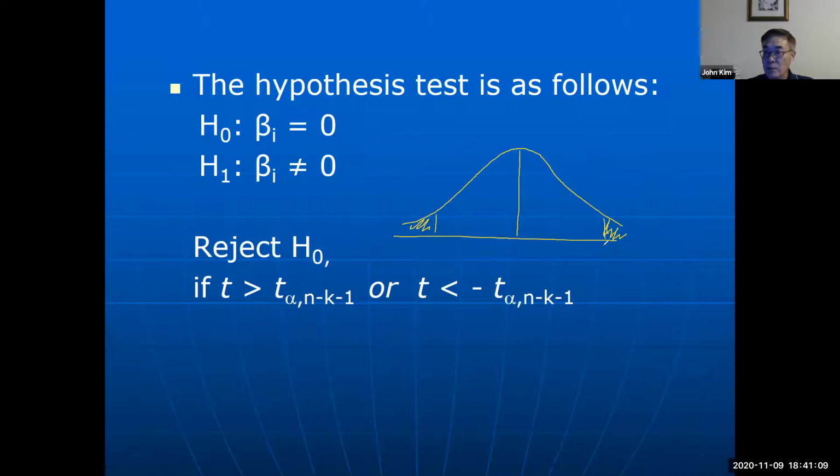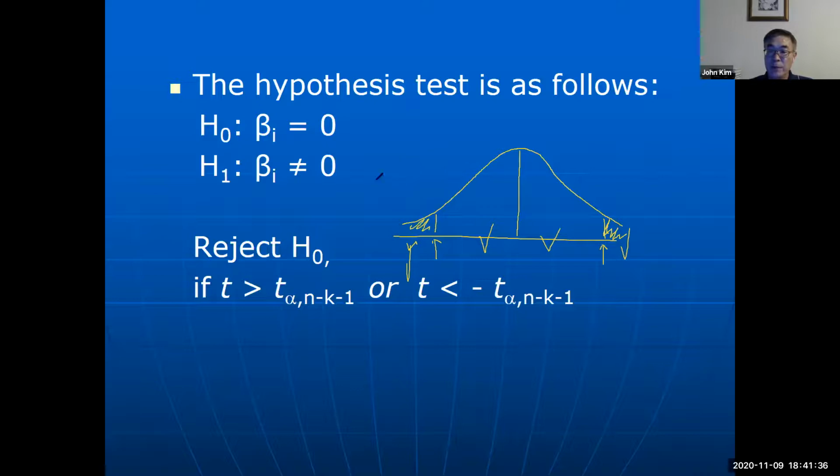So we need plus and minus critical values, and then based on where the test statistic falls, here, or here, or here, we reject the null hypothesis or do not reject.